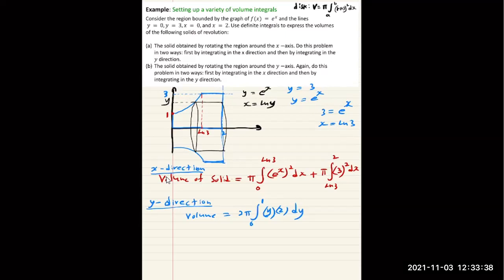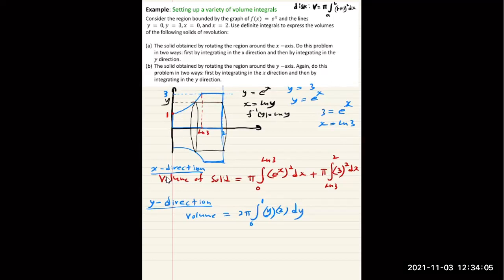So we found the inverse of this function: f inverse of y is equal to ln y. That means this length is ln y. Now I can find this height. That is 2 minus ln y, because this whole thing is 2. This length will be 2 minus ln y, which is the height.